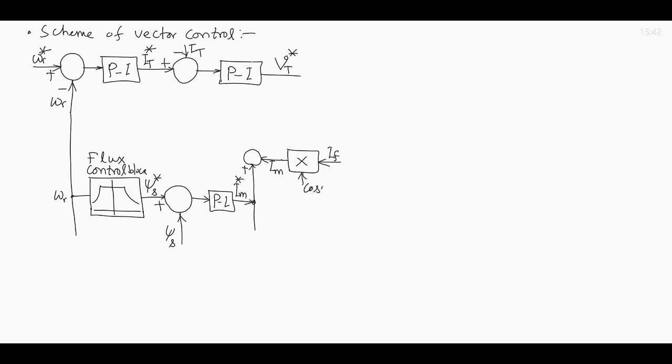Cos delta, the load angle, is obtained by the circuit in the control scheme, and IF cos delta is magnetizing current IM. So, IF minus IM is the transient magnetizing current reference value, that is I capital M star.